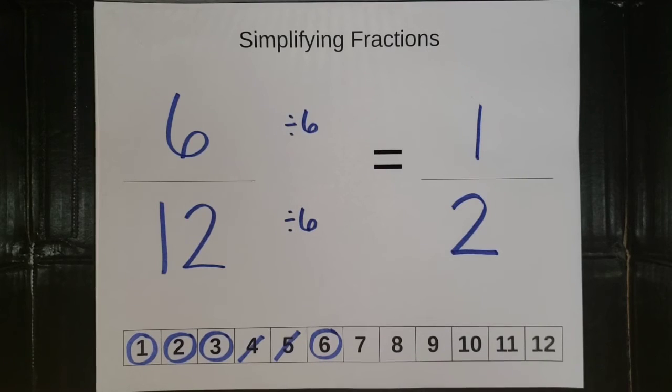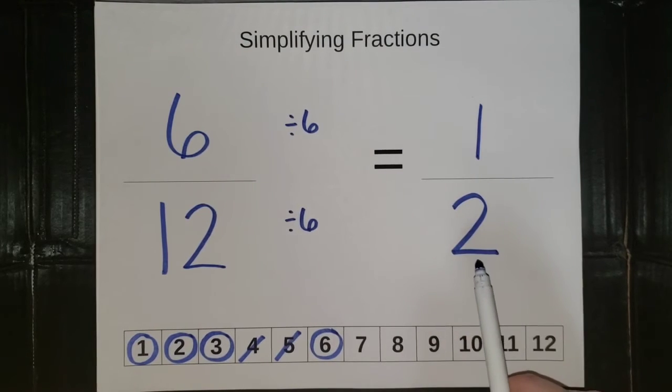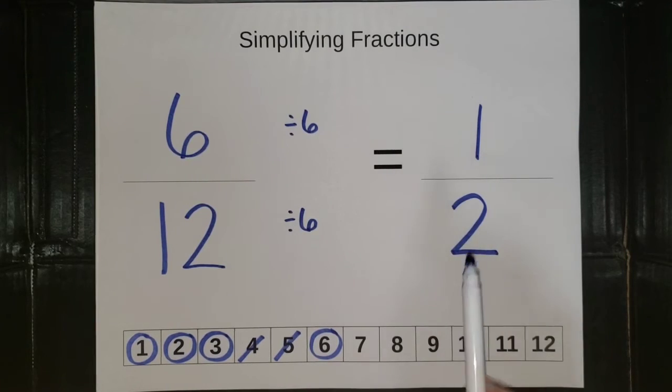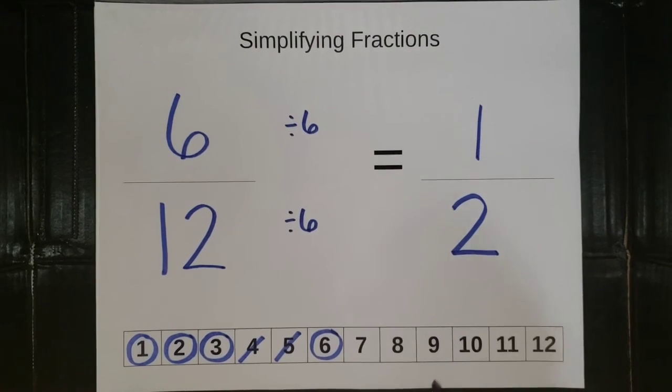But you should always check and ask yourself, before you consider yourself finished, is what I consider my final result, what I believe is the fraction in the simplest form, do they share any factors other than 1? If the answer is yes, you need to keep going.